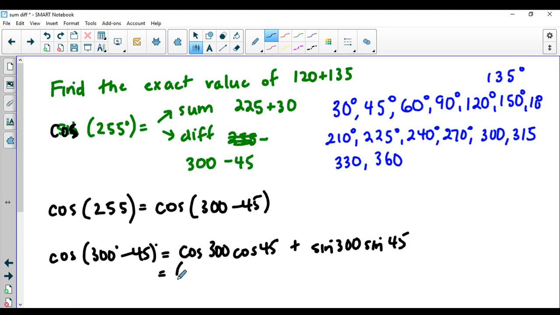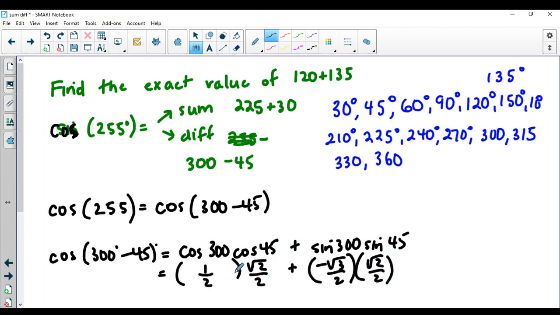Okay, and then it's just a matter of filling in the values. Cosine 300 is a half. Cosine 45, square root of 2 over 2. Sine of 300 is negative square root of 3 over 2. And the sine of 45 is this one here.